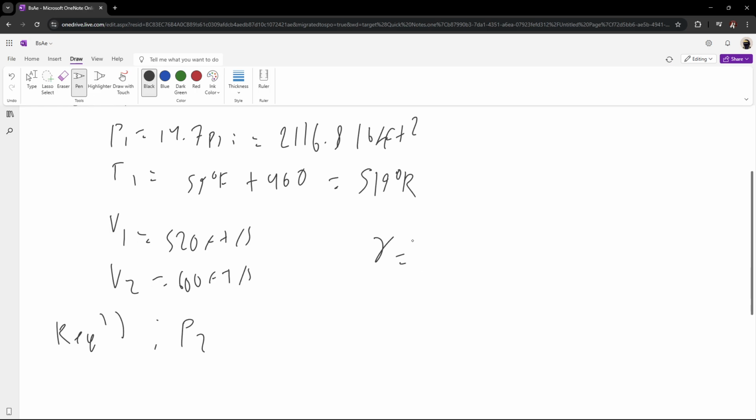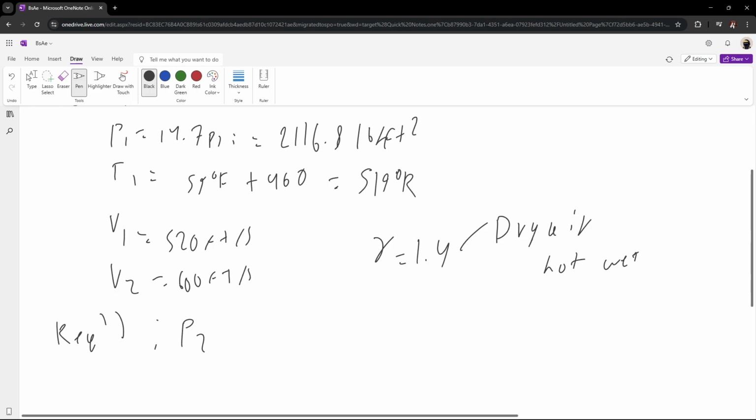To know that, gamma for air is 1.4. This is only dry air, not wet air. Wet air has a different gamma and its own specific formula, but there's no need for that. And R in English units is 1716 foot-pounds per slug-Rankine.